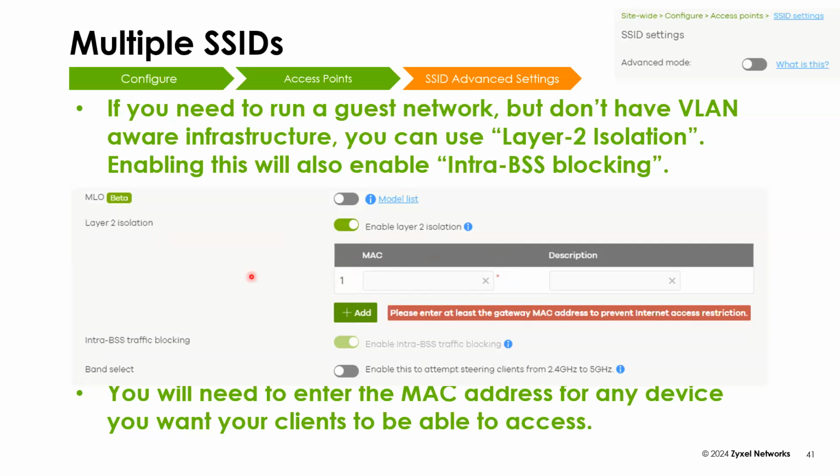Now, we often get questions about this because someone will connect to the guest SSID, run some sort of scanning app and say, hey, wait a minute, I can see your local resources. And the answer to that is yes, you can. Multicast traffic being sent to the AP will still be sent to all of the wireless users when you're using layer 2 isolation.